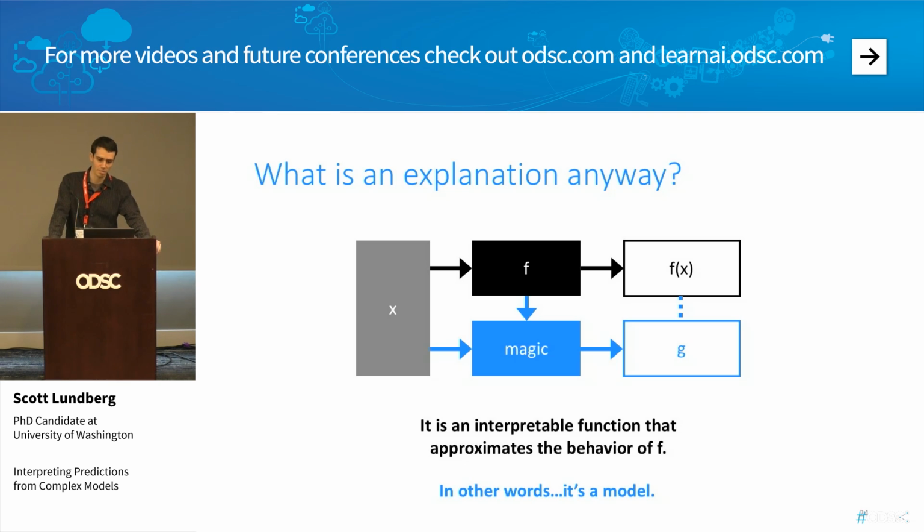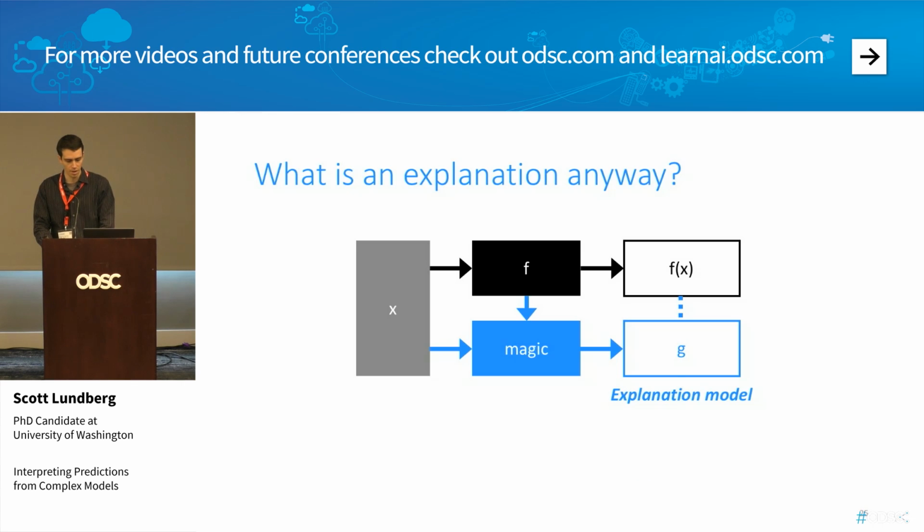If you're a data scientist, maybe G can be more complex. If you're someone who's less familiar with data, maybe Susan, it might need to be much simpler. But in general, we're going to say that an explanation is a model, because it needs to represent how f changes. So we'll call it the explanation model, and that's distinct from your original model f.